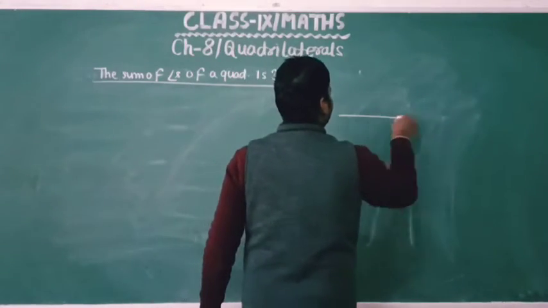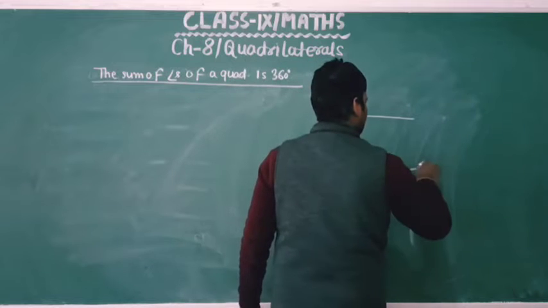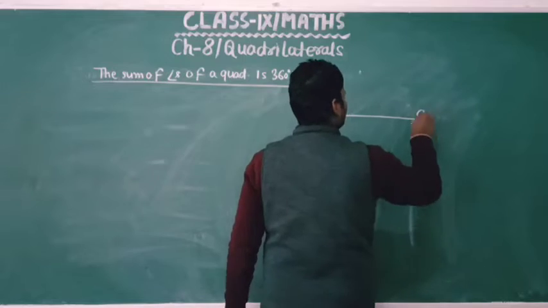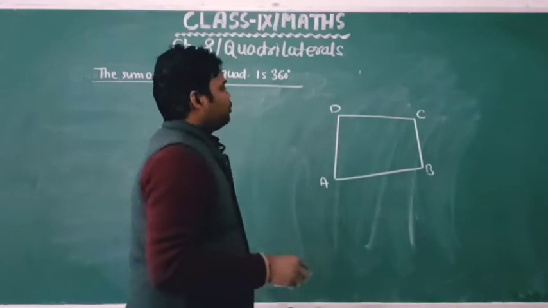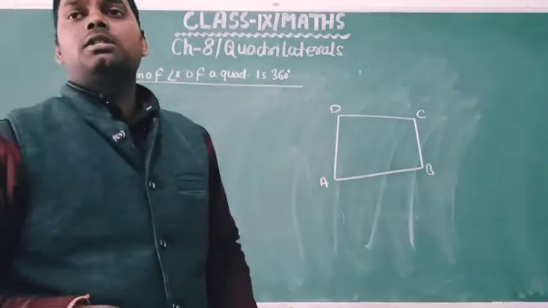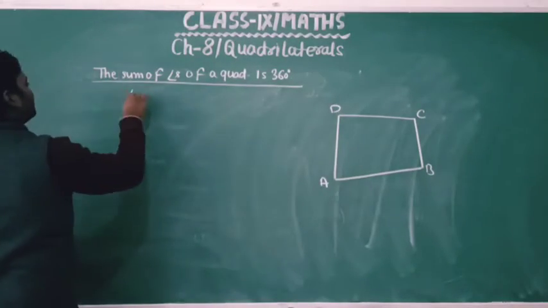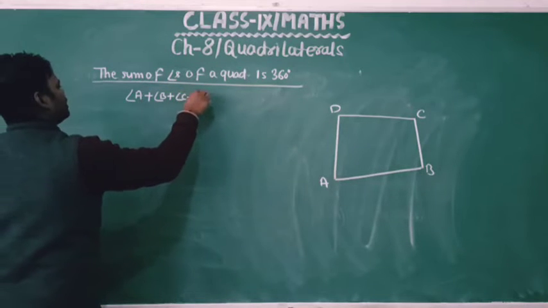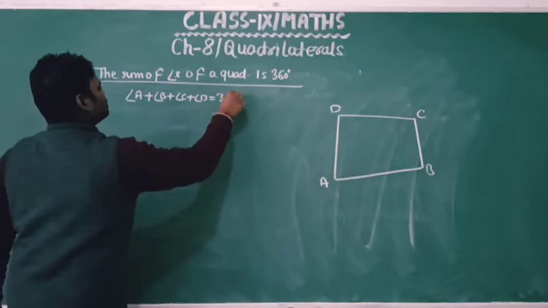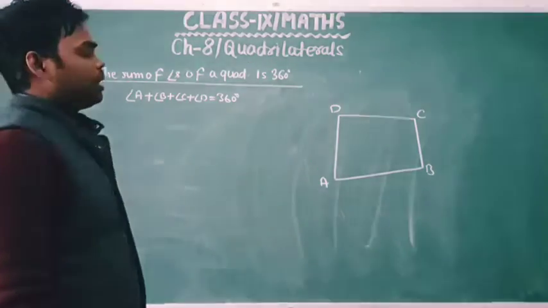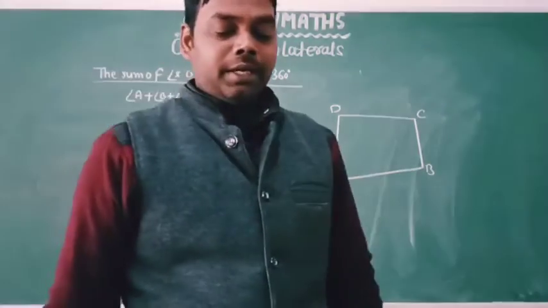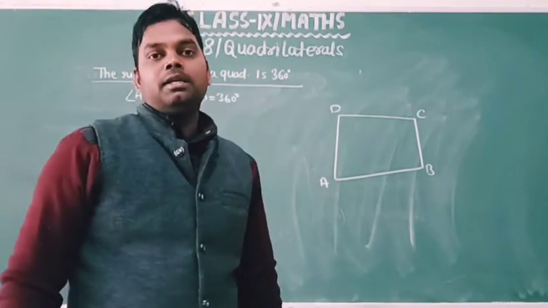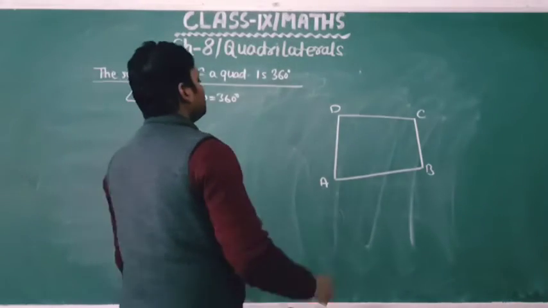So suppose this is quadrilateral ABCD, and we have to verify that the sum of the angles of a quadrilateral is 360 degrees, meaning angle A plus angle B plus angle C plus angle D equals 360 degrees.